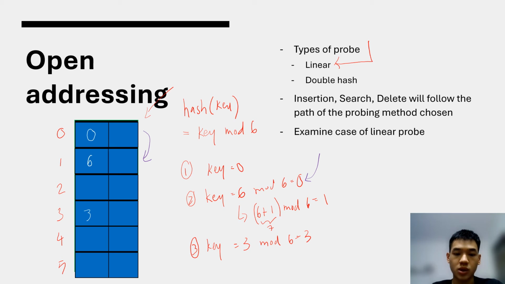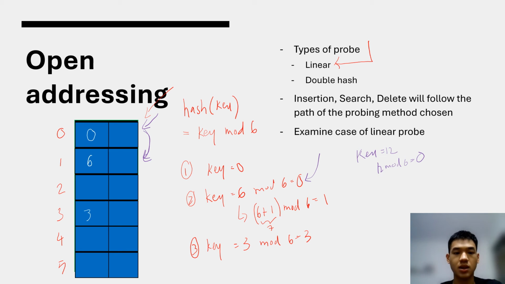Say if you want to search for key 12. If you do 12 mod 6, you will also get 0. So you will start from hash slot 0, then linearly probe to get hash slot 1, where you see key 6.